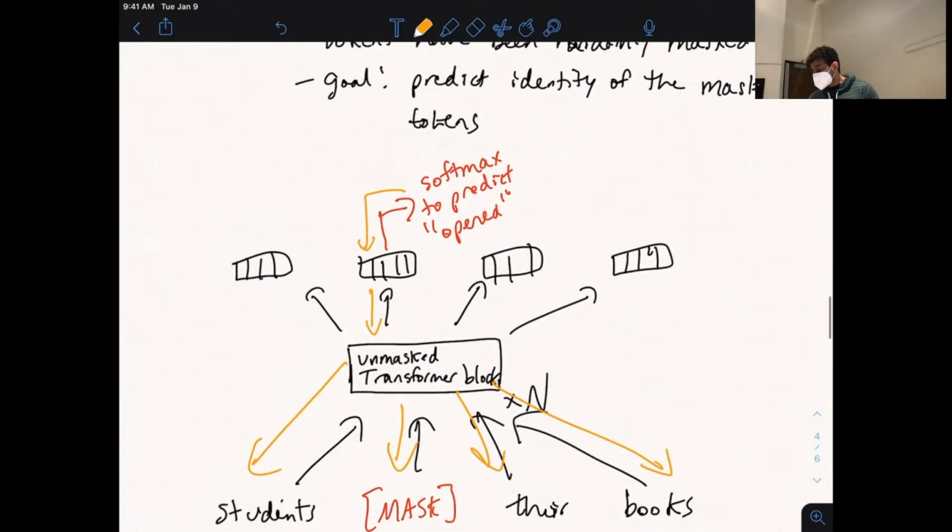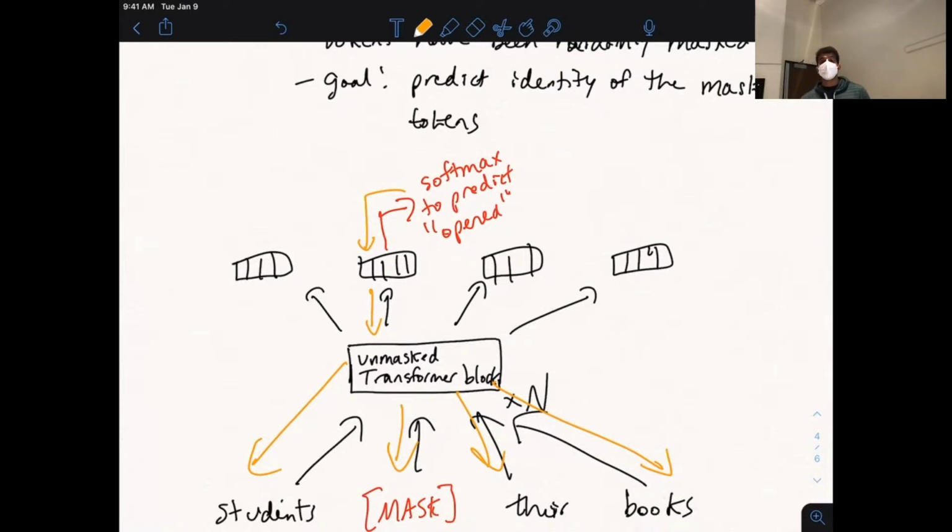Because here in normal left-to-right language modeling, I would get an error signal at every position, at every time step, for predicting the next word. Here I'm only getting an error signal for one of the 4 positions, the one that was masked. So I have 15% of the training signal for BERT compared to the language modeling case.